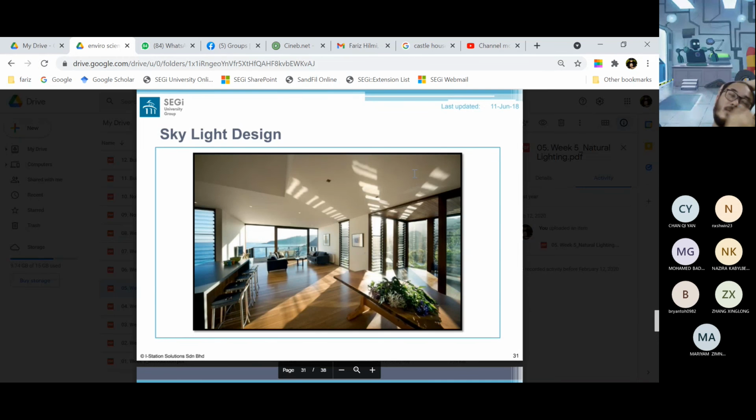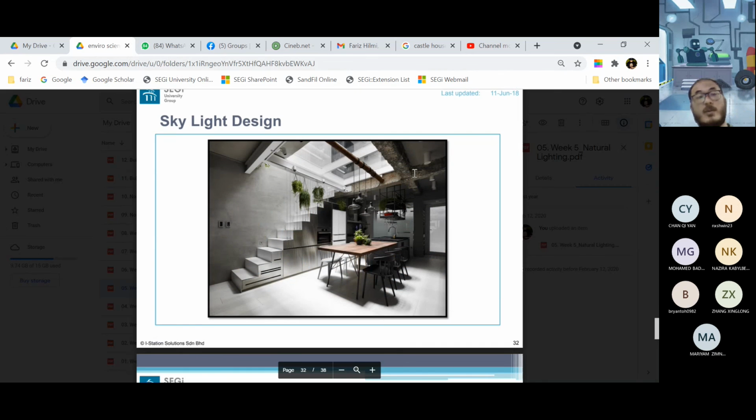Skylight design is actually important because with the wrong position of structure, the skylight will either not have daylight at all or can have maximum, but it depends on the designer how you want to do it. Skylight design. This is one of the nicest thing.